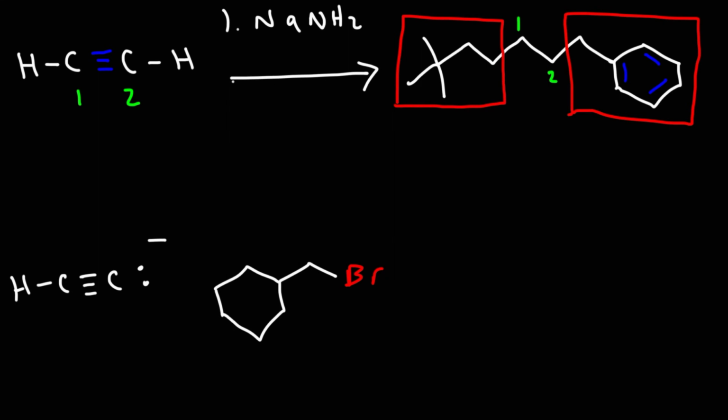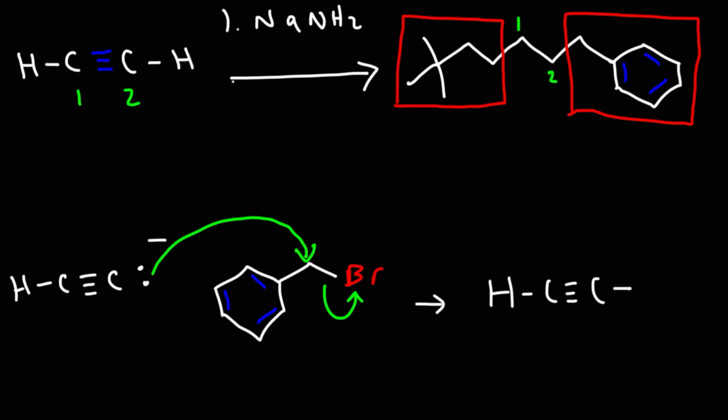So this is a primary alkyl halide, which means we're going to get an SN2 reaction, which is good. So this is going to attack the primary carbon, kick out the Br, and initially we're going to have this molecule. And then we have a carbon, and then our benzene ring. So that's the product that we have at this point.